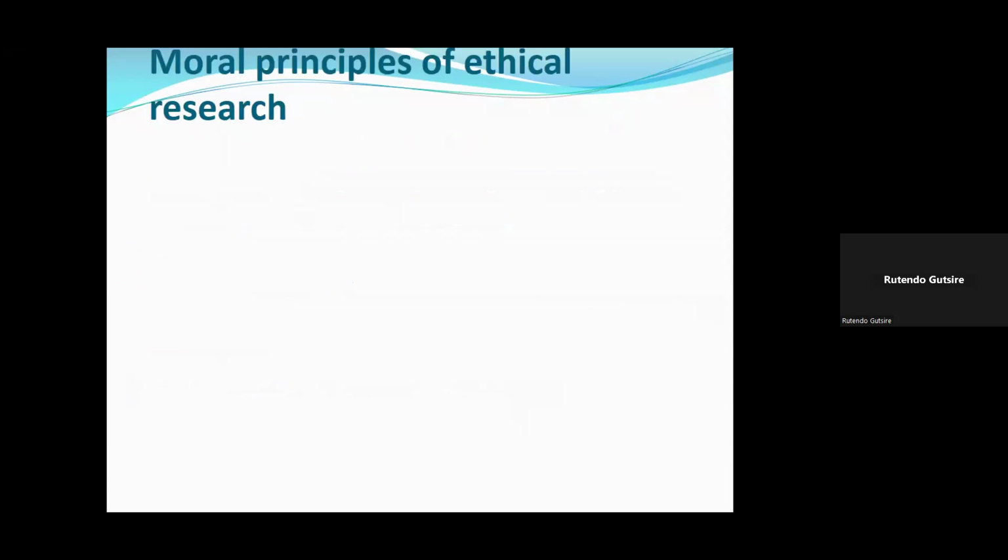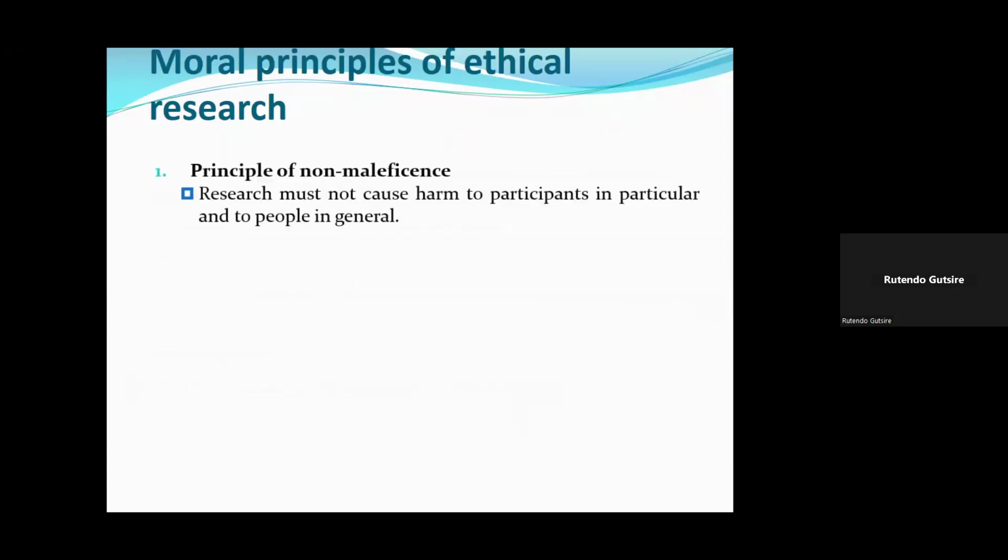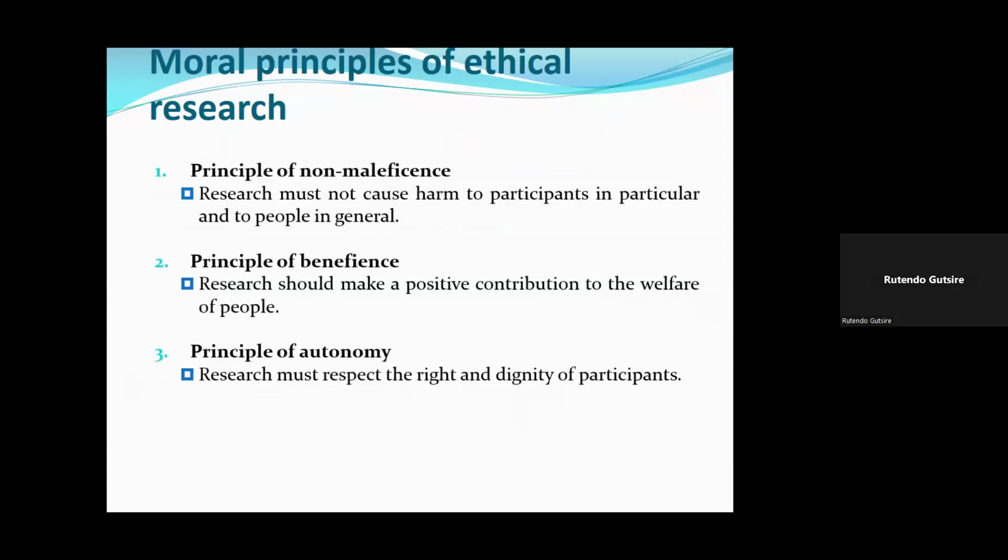Moral principles of ethical research, I'm going to talk about the principles of ethics. These were written in the Belmont Report, 1979. We have the principle of justice, the principle of non-maleficence, simply meaning do no harm to your participants.